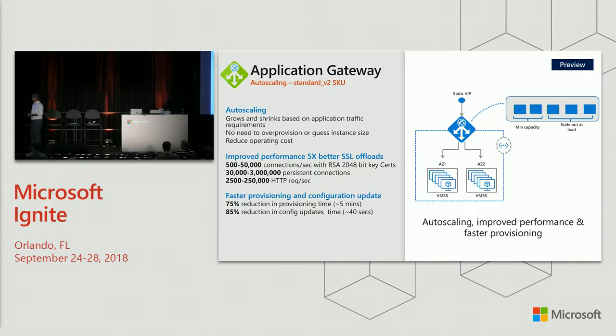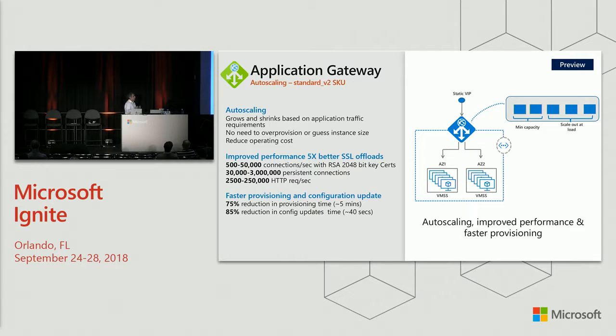So let's say that you consume a limit of 100 scale units, then the range you get now is somewhere around this: up to 50,000 new SSL connections per second, more than 250,000 HTTP requests per second, and up to 3 million persistent connections if you scale up all the way to 100 scale units. So that gives you an idea of the range which we can handle with this new SKU.